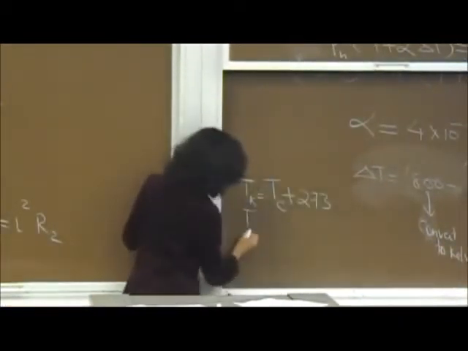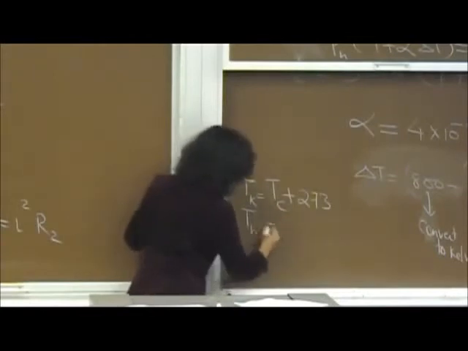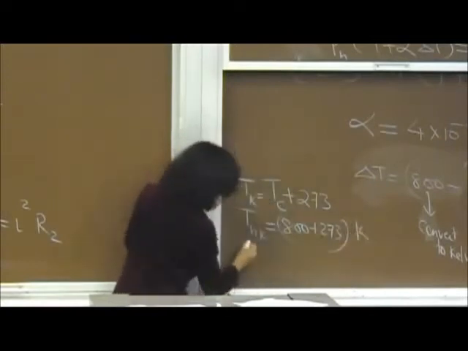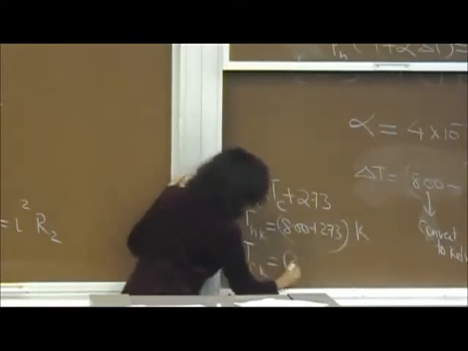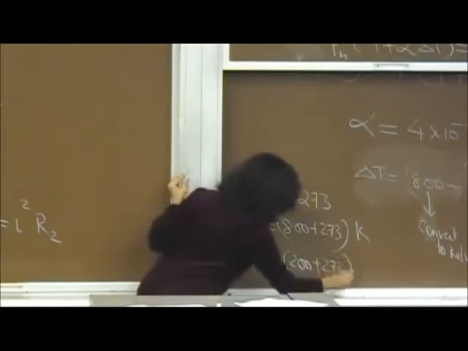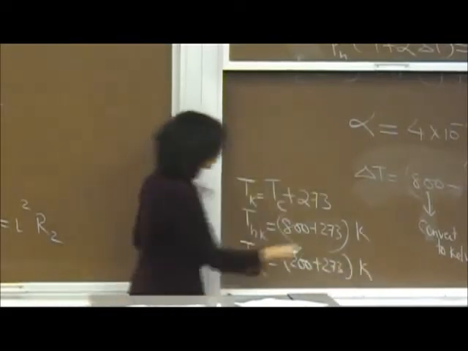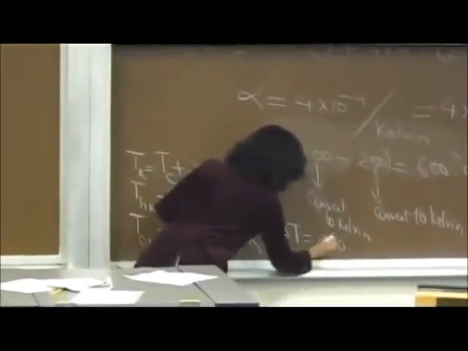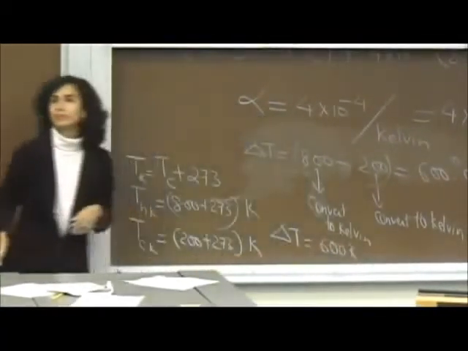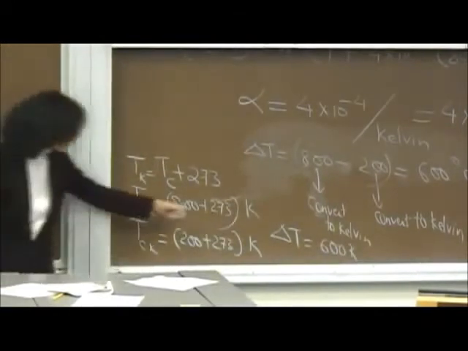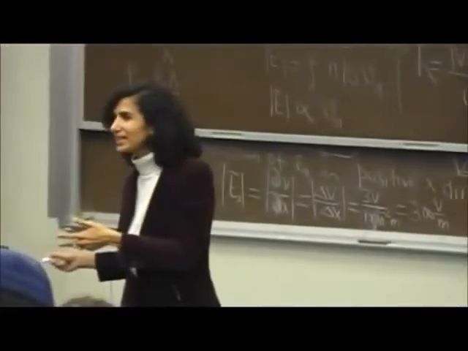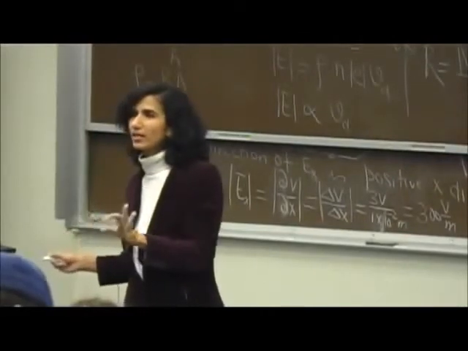T hot in Kelvin will be 800 plus 273 Kelvin. T cold in Kelvin will be 200 plus 273 Kelvin, right? Do you see when you find delta T, it's still going to be 600 Kelvin? Because this constant factor will cancel out. The proportionality is the same for Kelvin scale and Celsius scale, right? Is everybody clear on that?